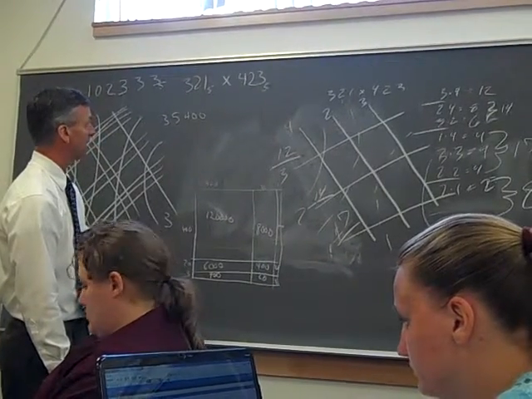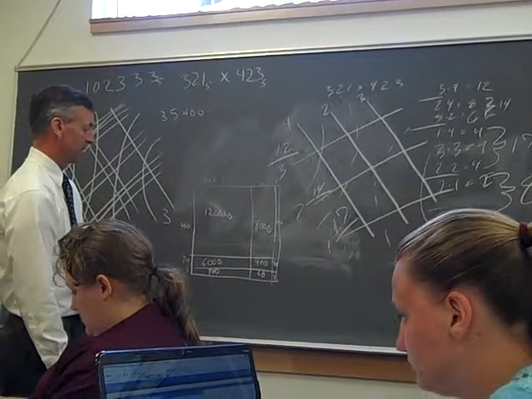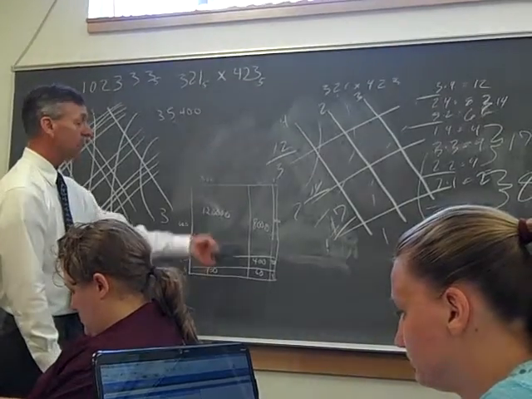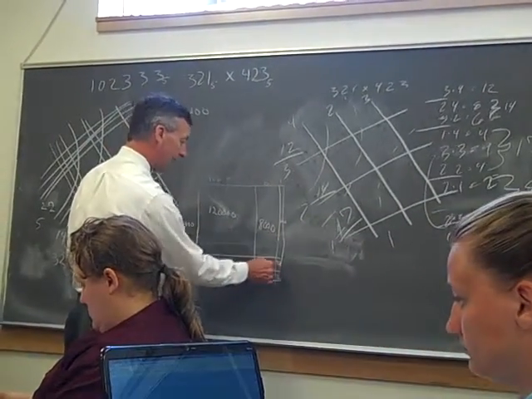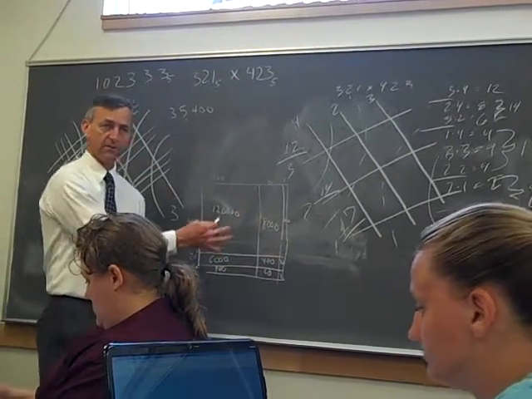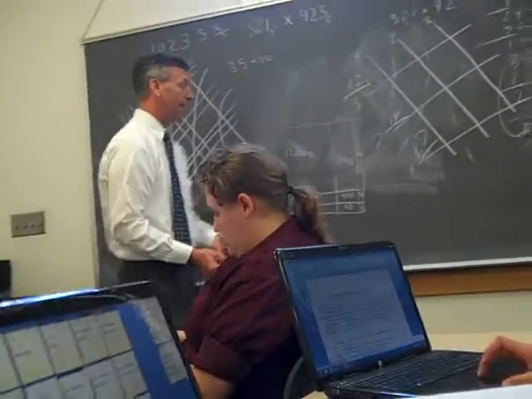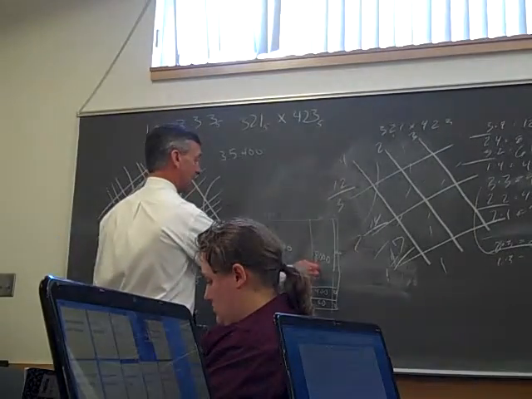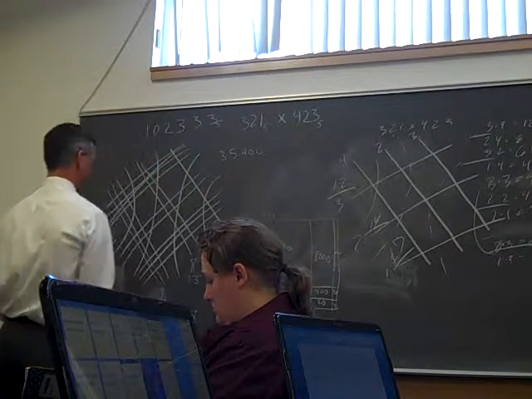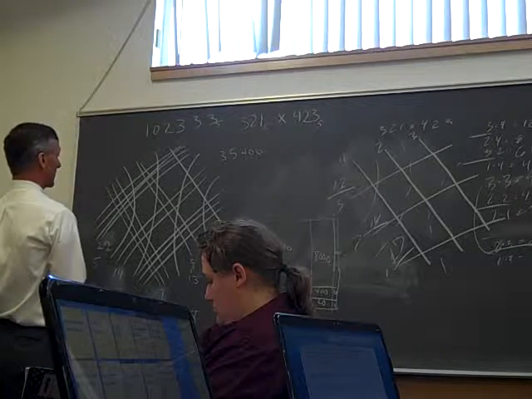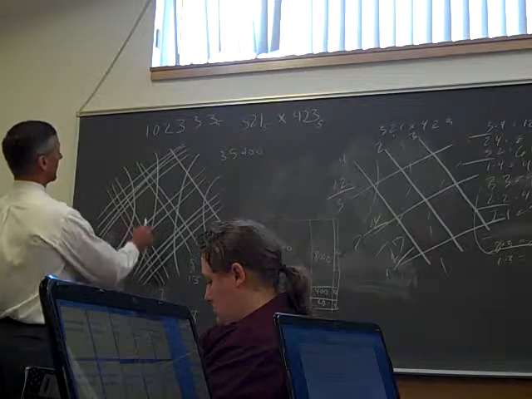Did we do that right? If we put those all together, we should get the right answer. 3, and there's the 80, and can everybody see the different parts? Where is the 8,000? Well, the 8,000 is right there.